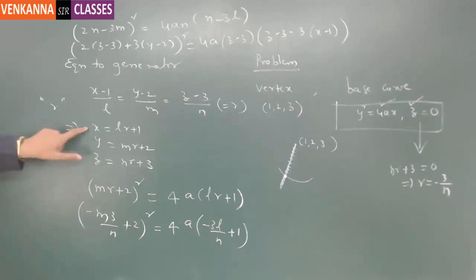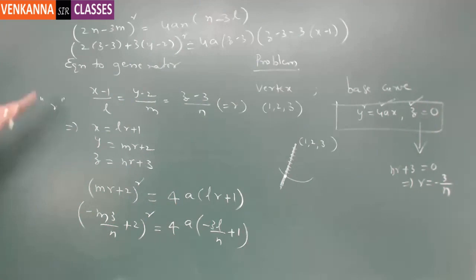From this you can say that l is equal to (x minus 1) by r, isn't it? So if r is 1, l is nothing but x minus 1. Agreed? That's why I am taking this. So the numerator values are by default nothing but the values of l, m, n. Right.